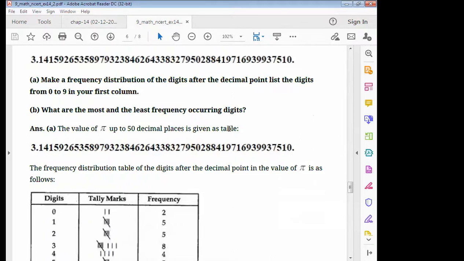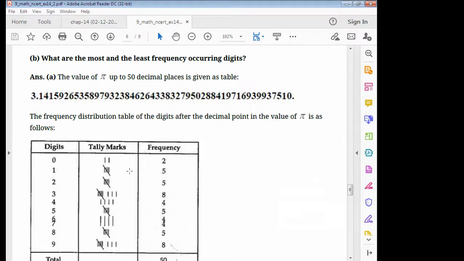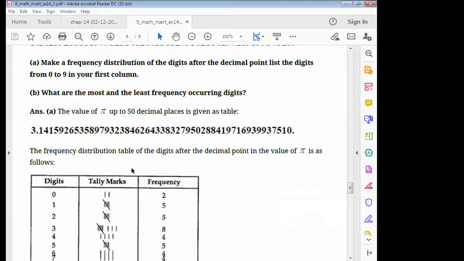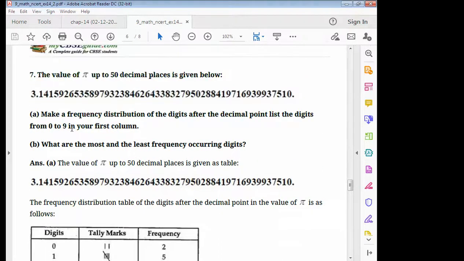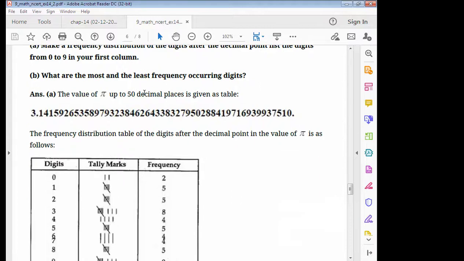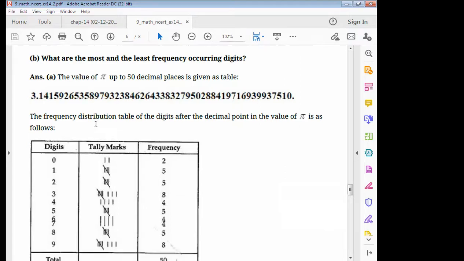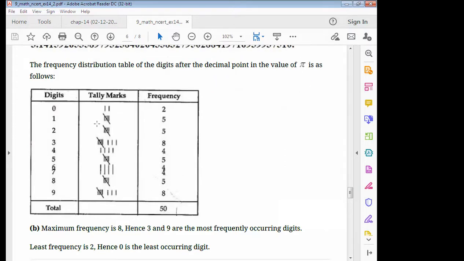Look how we convert the digits 0 to 9, counting after the decimal place, as given in the question, 3.144 and so on, right? So 50 decimal places are given here, and you can see how many times 0 comes, how many times 1 comes, how many times 2 comes after the decimal place of the value of pi, and you can easily convert this table into a frequency distribution, right?